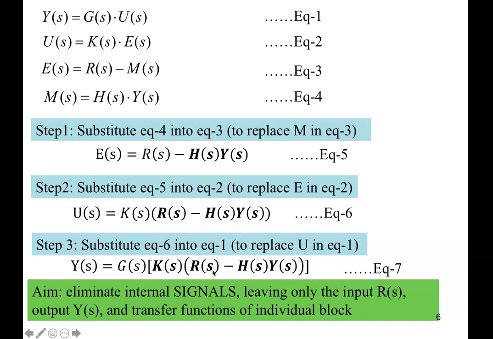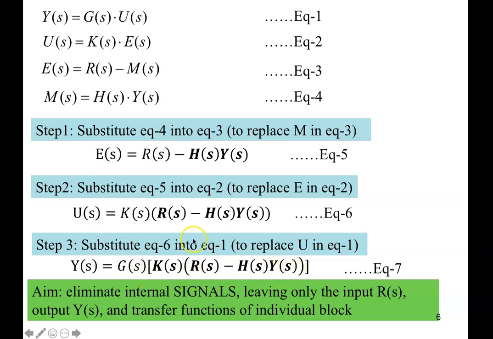The whole exercise, because we are looking for a transfer function between the overall input R and the overall output Y, is to try to get rid of all the intermediate signals, like U, like E, like M. So once you get to equation number 7, if you look at equation number 7, there are only 2 signals that exist here: the input RS and the output YS.